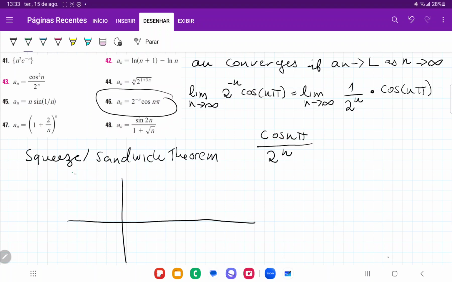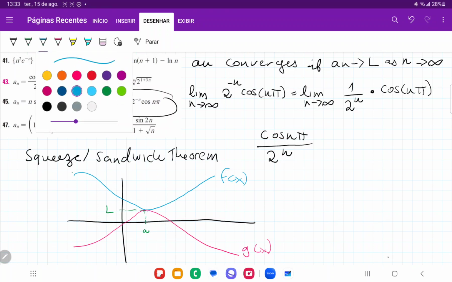Basically this theorem, I'm going to illustrate it using functions, but it's just as valid using sequences. So suppose that at x equal to a, there's a limit L, right? Suppose that I have a function f of x, which as x approaches a has a limit L. And then we have another function g of x, which also has that same limit L as x approaches a, and g of x is always less than or equal to f of x.